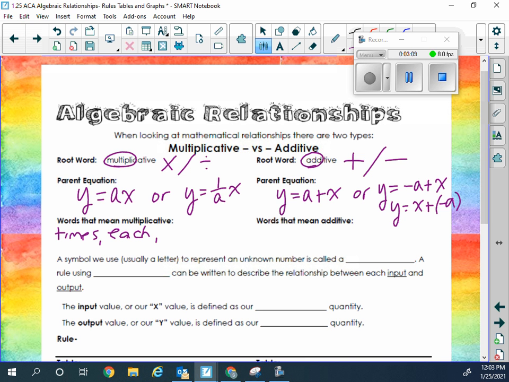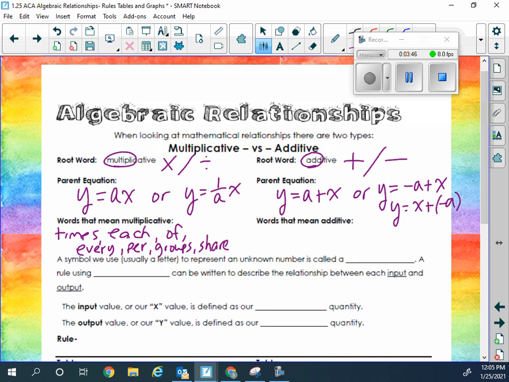Another one, Jason. Okay, that's good. What if I said I get paid every 2 weeks? Every, per. Love it. Okay, good job. So times, each, of, every, per. I also have groups of, and share. Share would indicate what? Division, that's right.